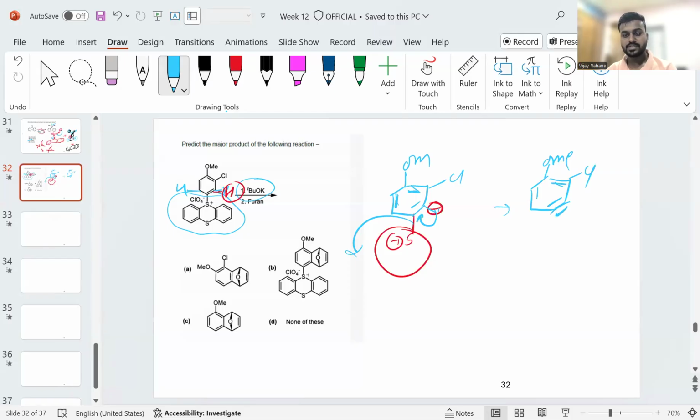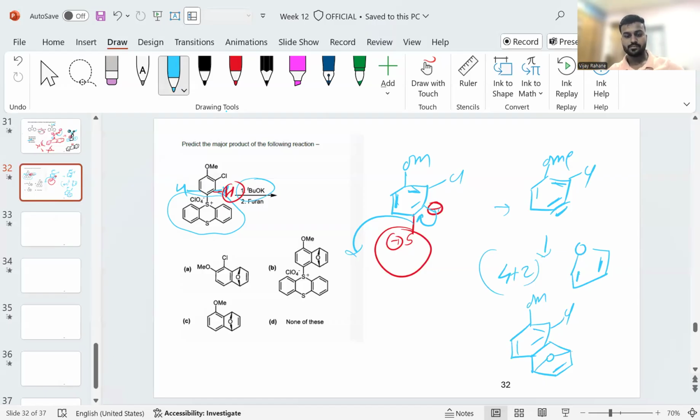Right. So this benzyne, when it reacts with the furan. So what is the structure of the furan? This is the furan. There will be a 4 plus 2 cycloaddition reaction, and it gives the formation of this: this will be the OMe, this is the chloro, and at this position there will be a 5-member, sorry, this will be the furan, and the bridgehead oxygen will remain as it is.